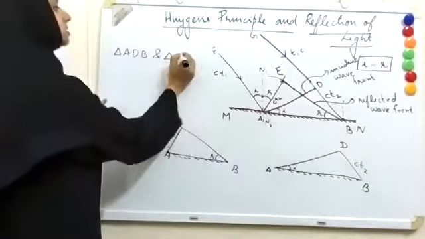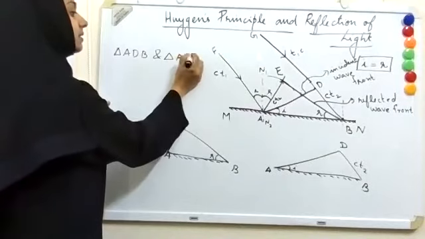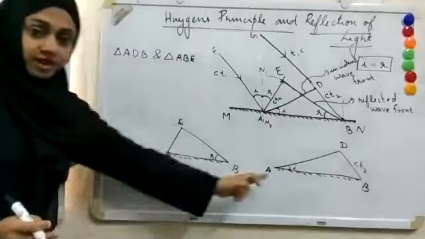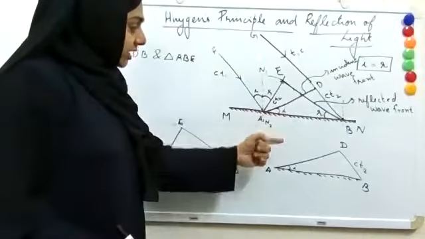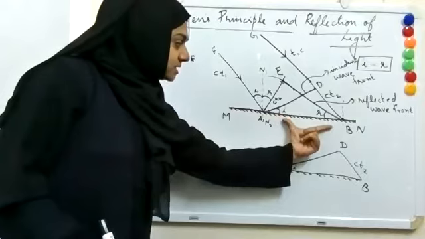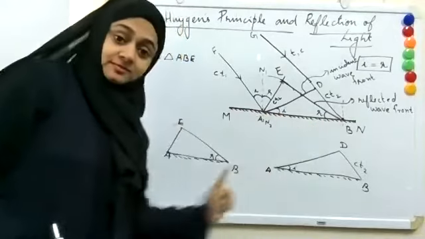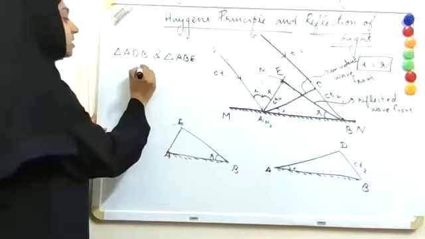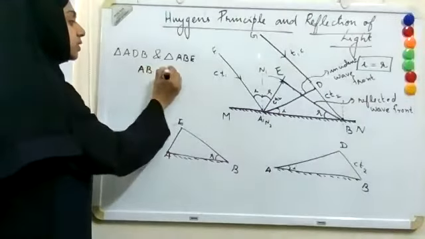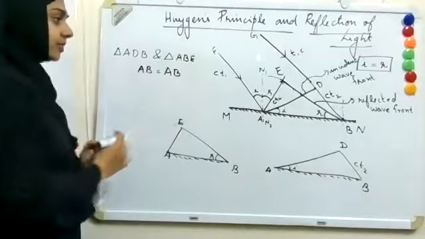They have a common side, AB. So AB is equal to AB. One of the sides is equal.